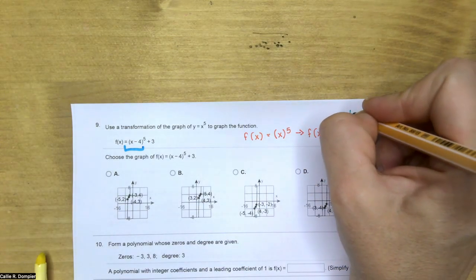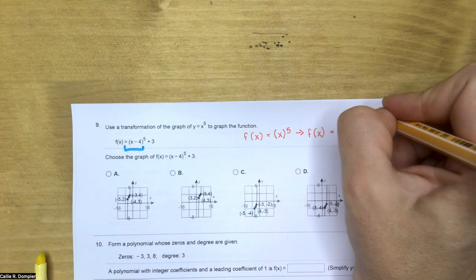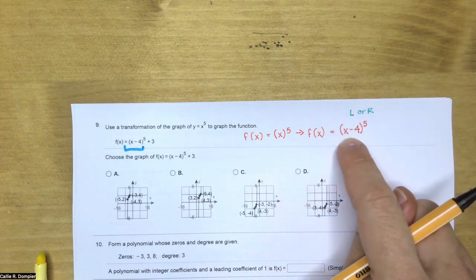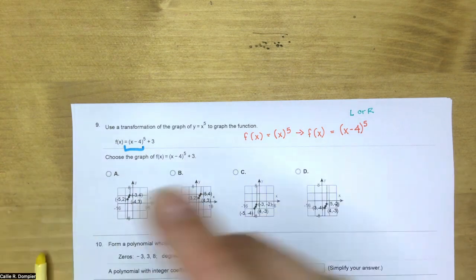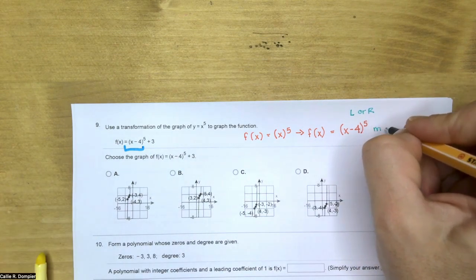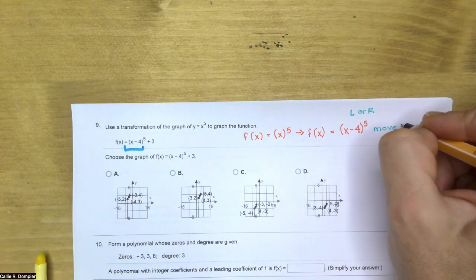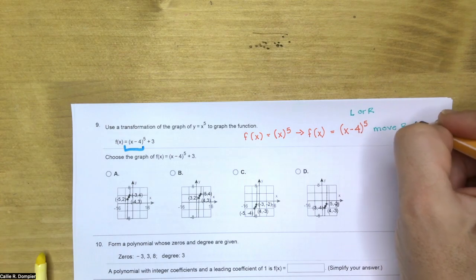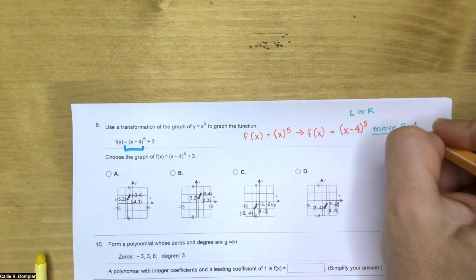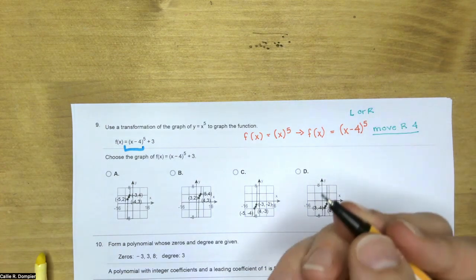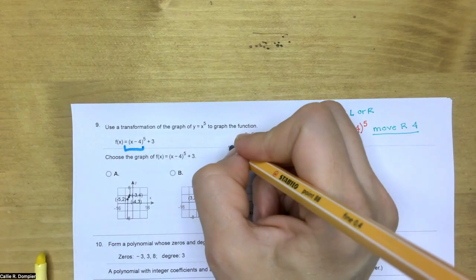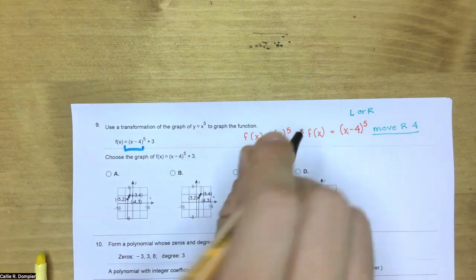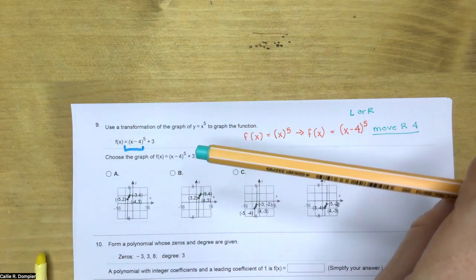Negative 4 means it's either going left or right, right? A negative goes left, but remember, inside the parentheses, it's always opposite. So this is actually going to move right 4. Okay? So from the origin, we originally had it at the origin. Now it's going to go right 4. So it's going to go that direction.